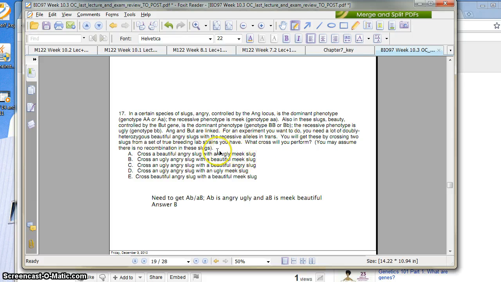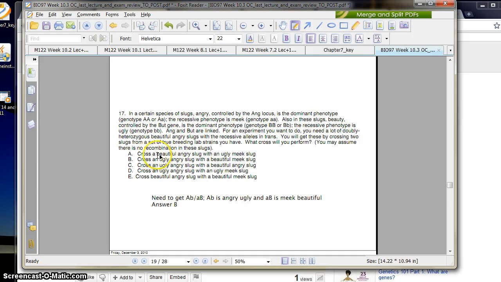So what you want to do is find which two slugs you're going to cross in order to get the heterozygous, beautiful, angry slugs. Here, you're trying to find the possibilities that will end you up with this one.